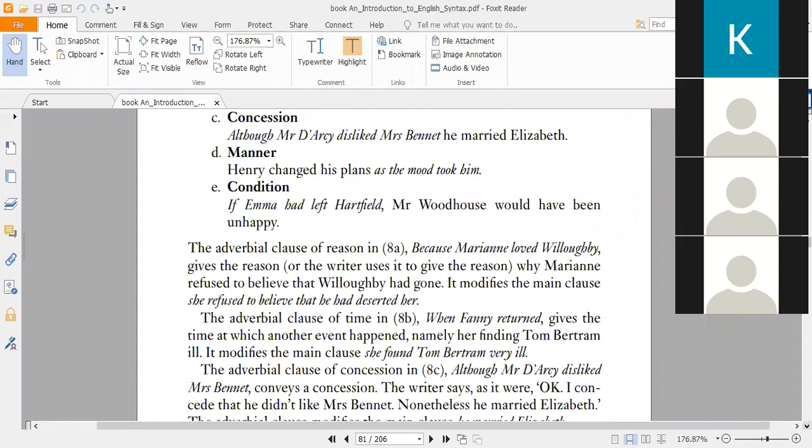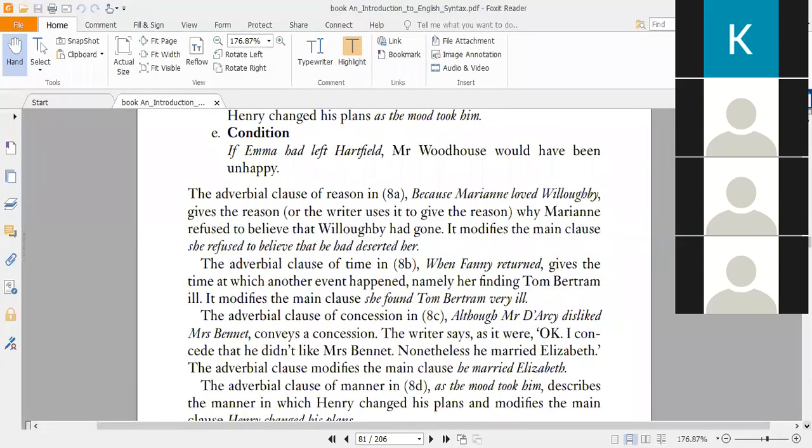The adverbial clause of reason in 8a, because Mehmuna loved Tariq, is used by the writer to give the reason why Mehmuna refused to believe that Tariq had gone. It modifies the main clause, she refused to believe that he had deserted her.